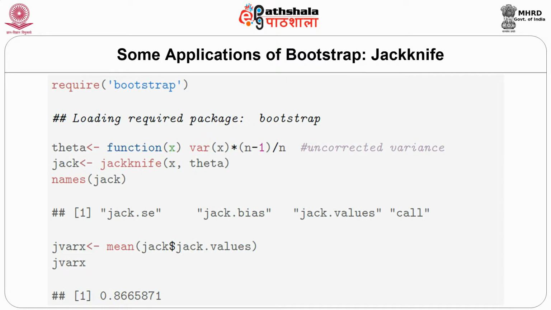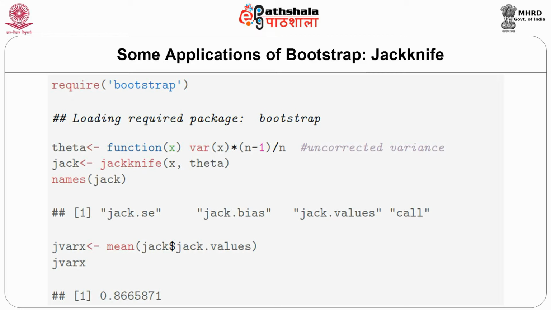We can also use the jackknife. Using the jackknife is easy because there is a package, boot, which does all this. There is also a package called bootstrap that needs to be loaded. So, the jackknife can be performed pretty easily by the jackknife function in the bootstrap package.